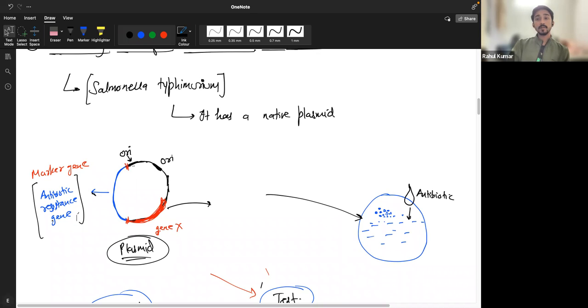So we will also like to attach something along with the antibiotic resistance gene, and that will be any gene that we want to express.